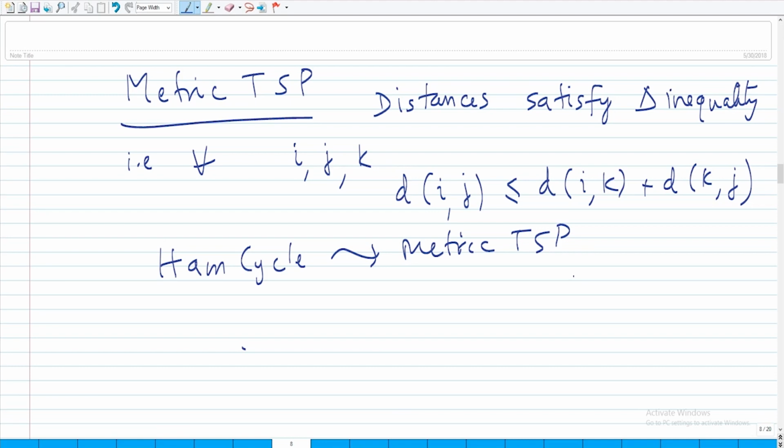Suppose the distances are all 1 and 2, I claim that they satisfy triangle inequality. Let us see why.